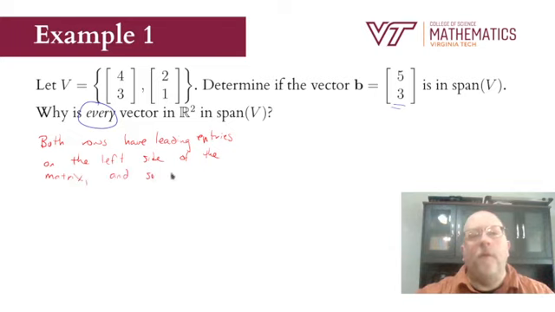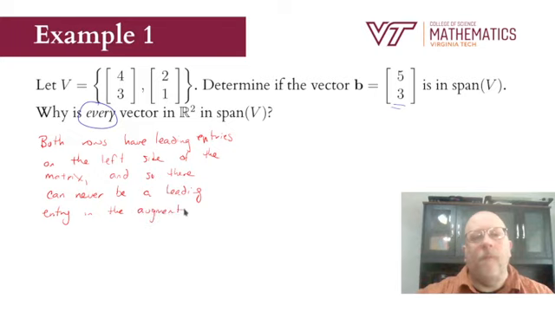And so there can never be a leading entry in the augmented column, even if we change 5, 3 to some other vector.